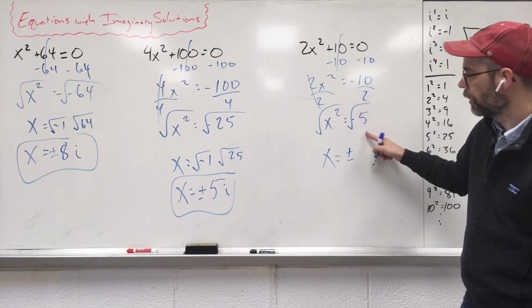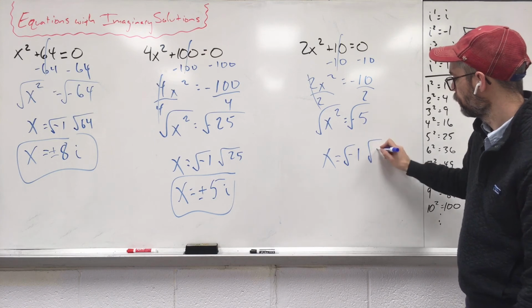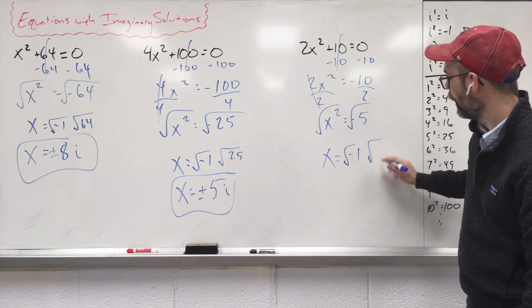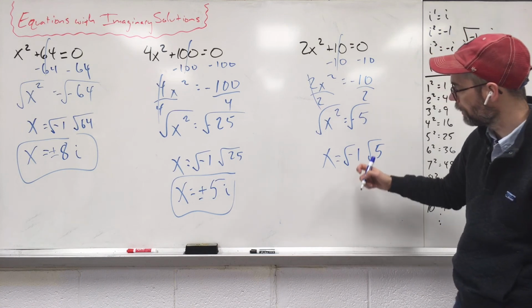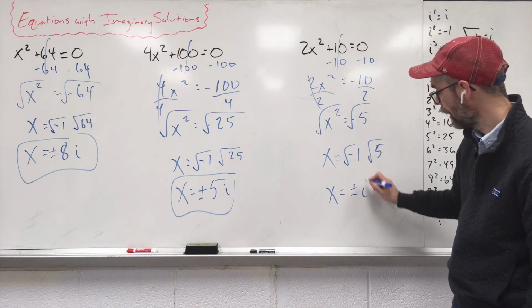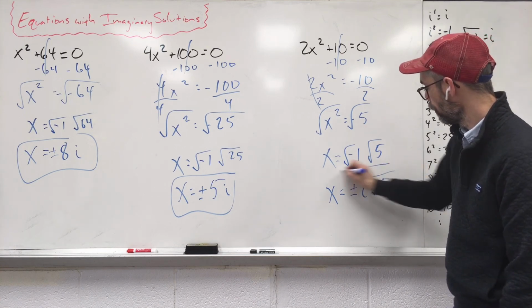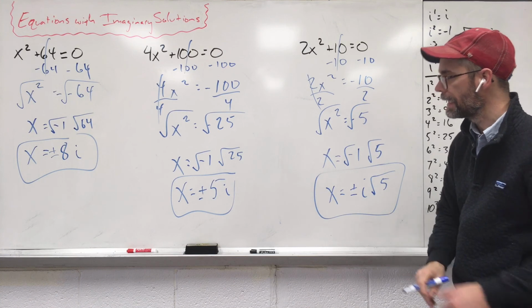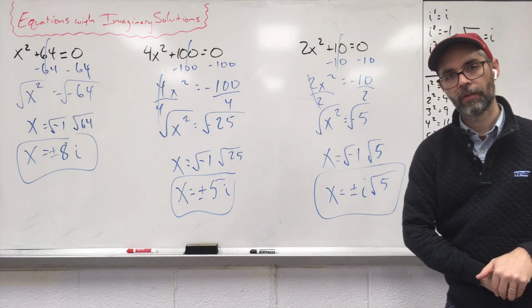I want to split this up into 2, so we'll say -1 and 5. The 5 I can't do anything with, so we're just going to leave that. The only thing we can simplify is this i. So x equals plus minus i radical 5. The radical is always at the end of the equation. And that is solving equations with imaginary solutions.